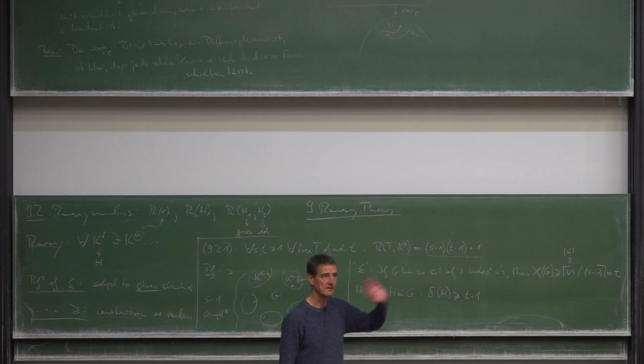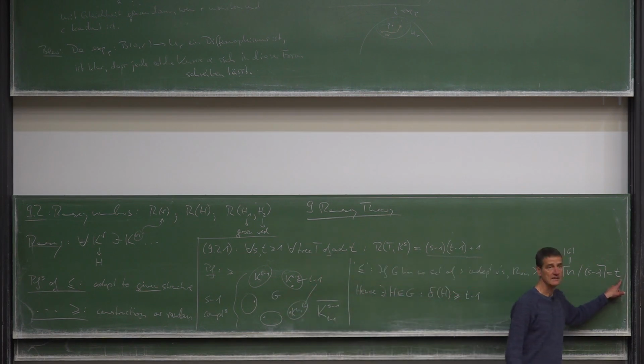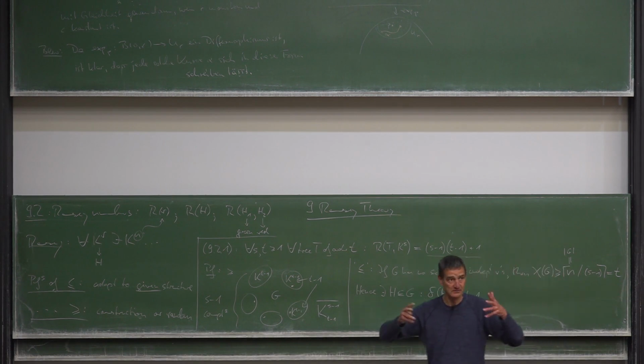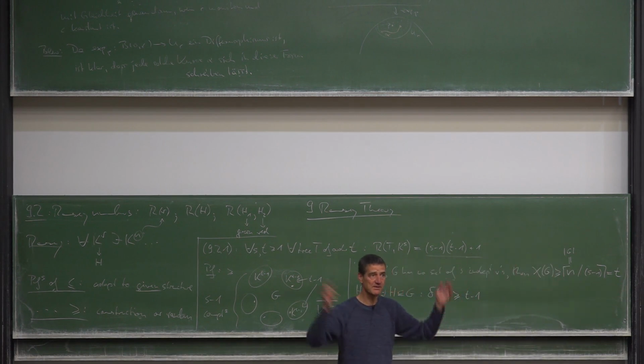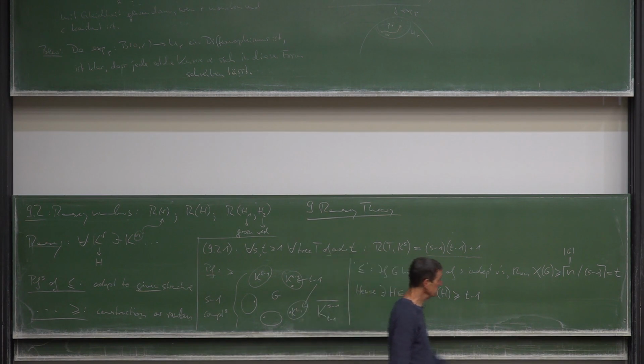So if you have a graph that needs t colors, and you make it minimal, critical, with needing t colors by deleting vertices until it's about to lose that property if you delete another vertex. So you still need t colors. Then call this graph H.